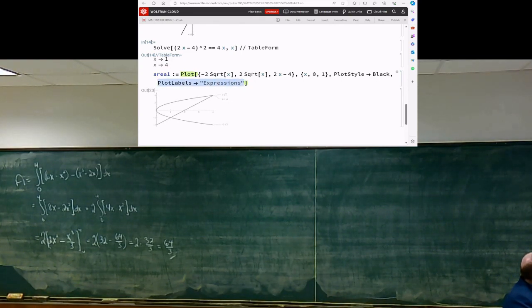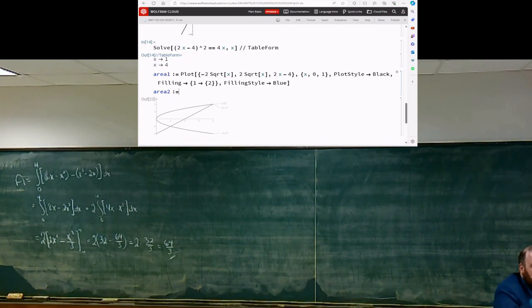Get rid of the expressions. So from 0 to 1, you said 2 root x to negative 2 root x, right? Which is plots 1 and 2 here. So the filling will go 1 to 2. This blue, for now.